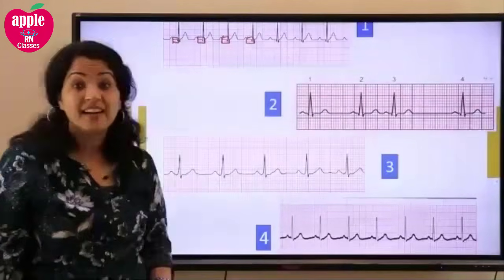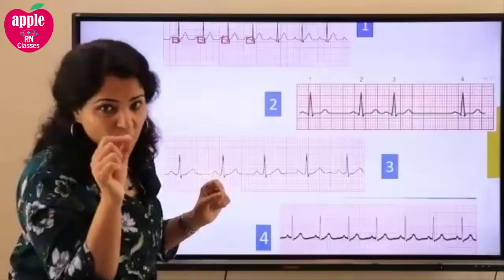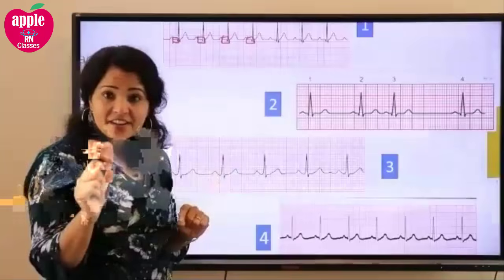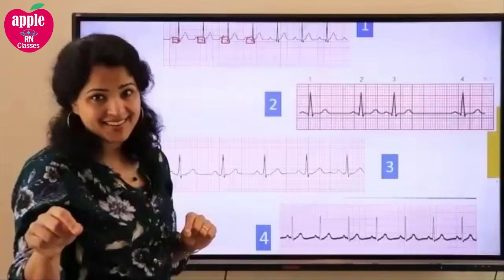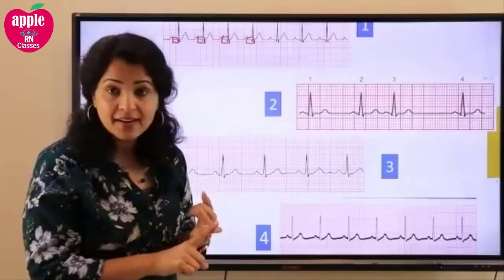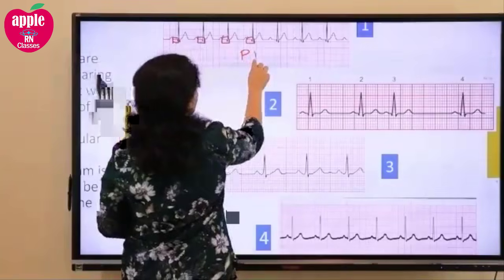The PR interval. I'm not sure if you will be able to see the small ones in there, but the PR interval is a little longer. Okay, so P is there, QRS is there, there is no problem, but the PR interval is longer.